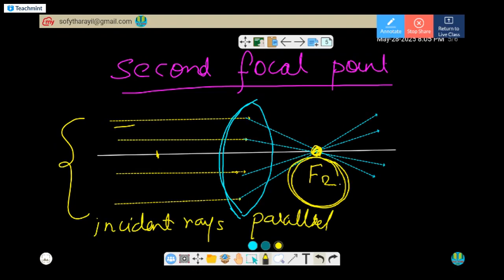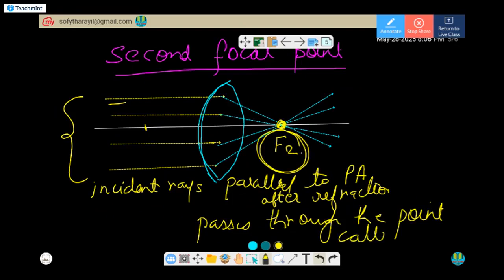After refraction will converge, you can write, or pass through the point called the second focal point.